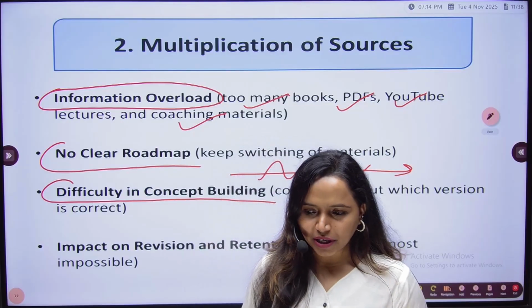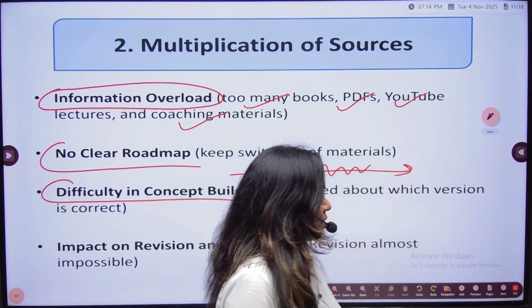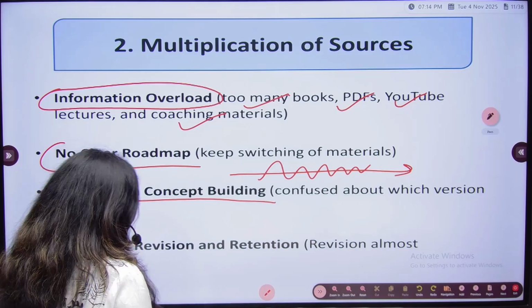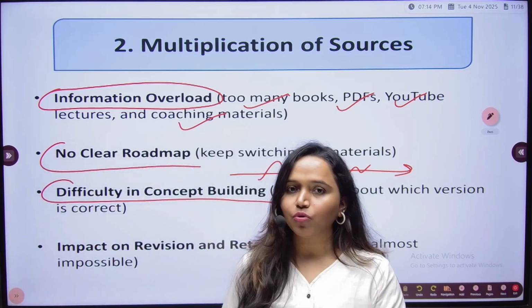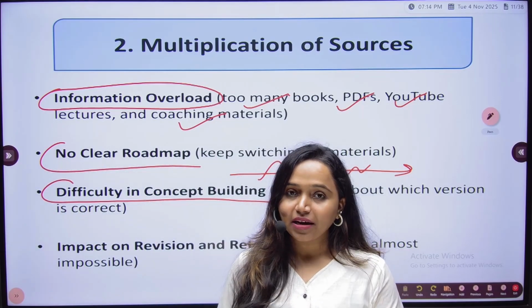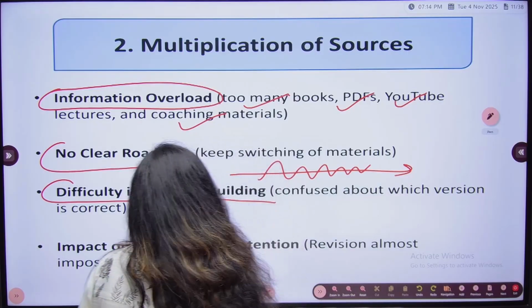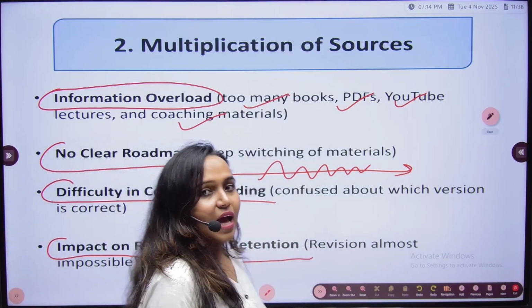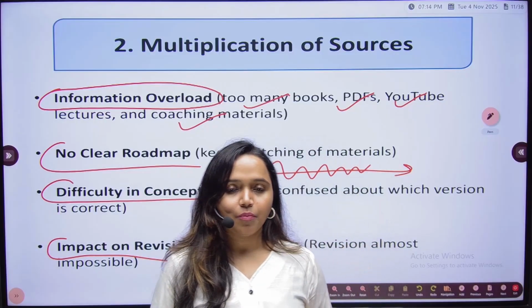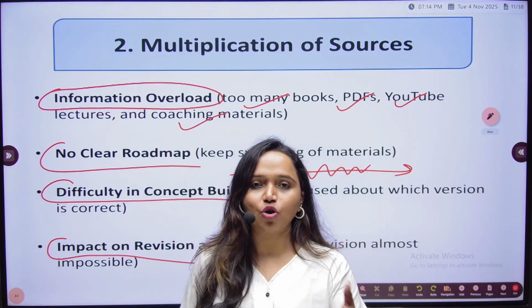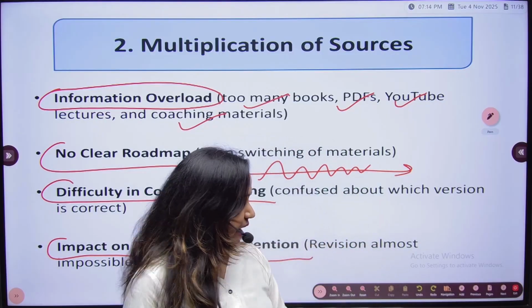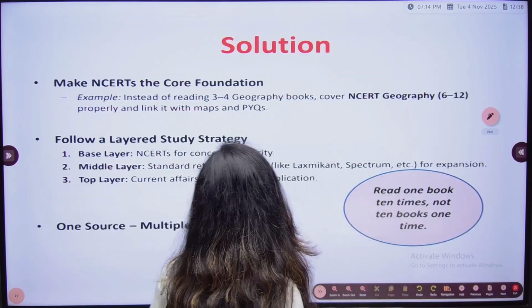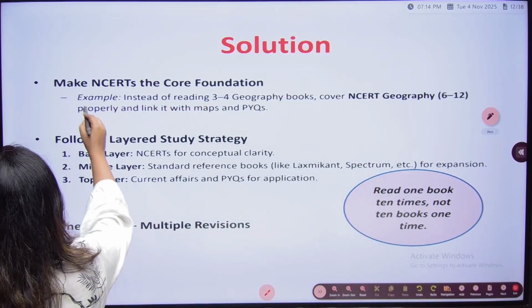So it is very important that you stick to one source because it is often said that reading one book is more important than reading 10 books. Okay. And this also has an impact on retention, because when you read multiple sources, you will not be able to revise them, and that will again create a very important hindrance.